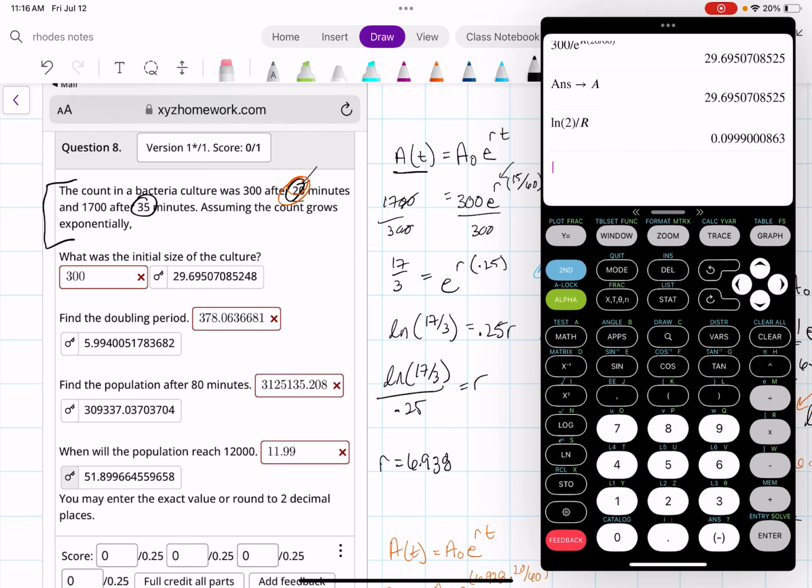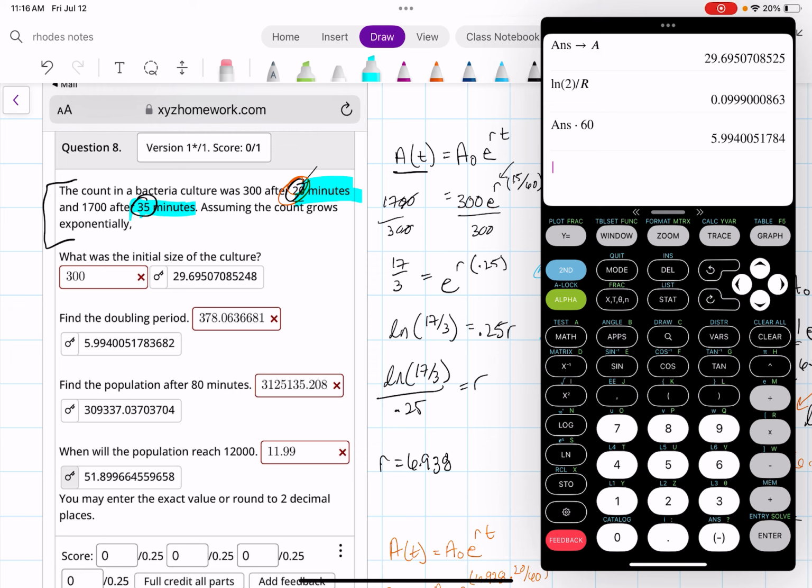I don't know if it would accept 0.09999 and be able to determine that it was in hours. But because the problem is giving me information in minutes, I'm going to change it to minutes. So if I multiply that by 60, you're going to see the 5.994051784 number that we're interested in.